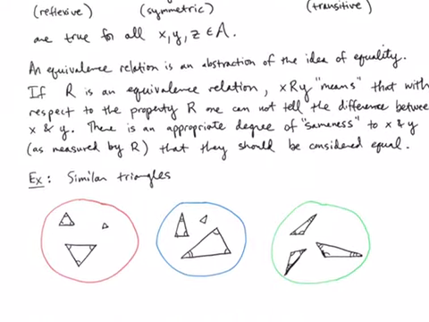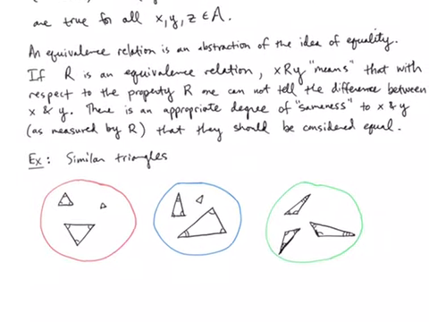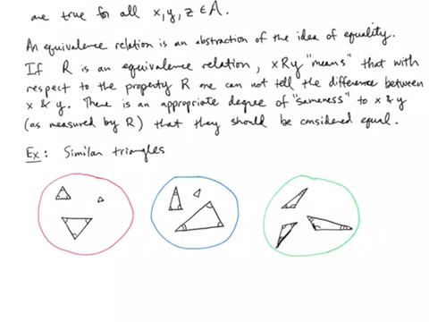All right, so that's the way you can think about it: R introduces some measure of sameness or difference between the elements. If X is related to Y, they're considered sufficiently the same that they should be considered equal with respect to this property R. An example you might think of, a familiar one from high school geometry, is the idea of similar triangles.